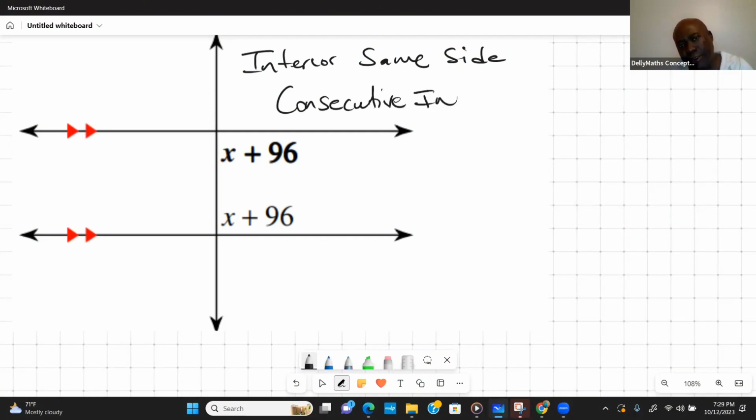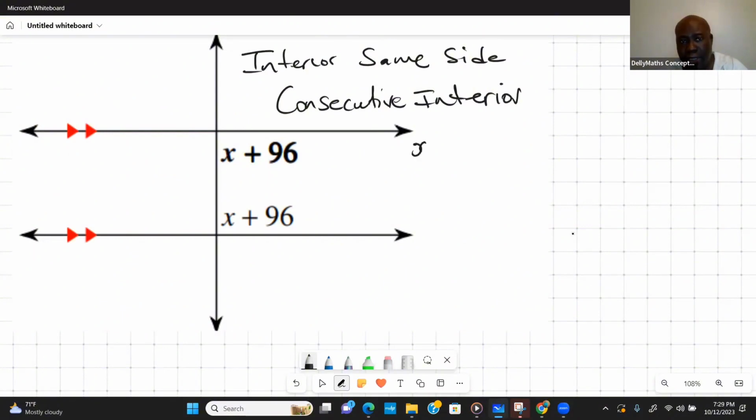So we have consecutive interior. Whenever we have parallel lines and we have consecutive interior or interior same side, then they are supplementary. And supplementary angles add to give 180 degrees.